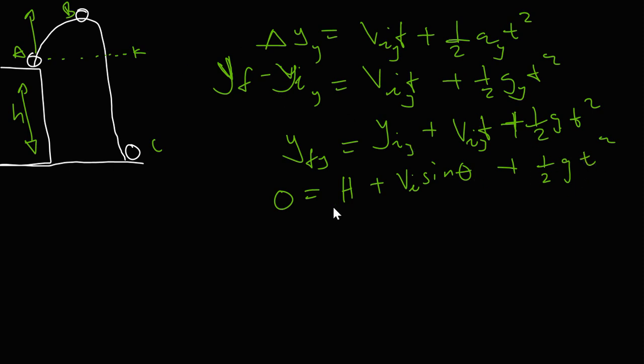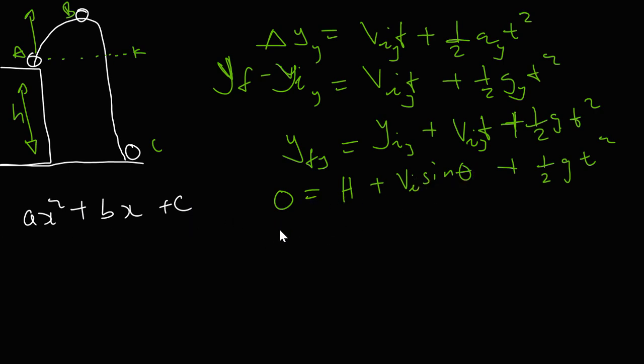Now we can see that this formula can be written in a very standard way for a quadratic, which is ax squared plus bx plus c. That is your quadratic formula.